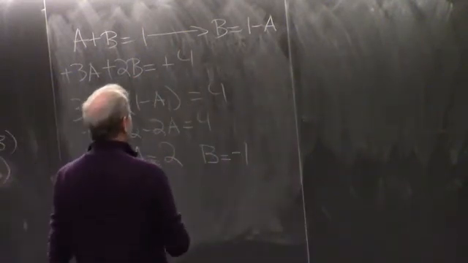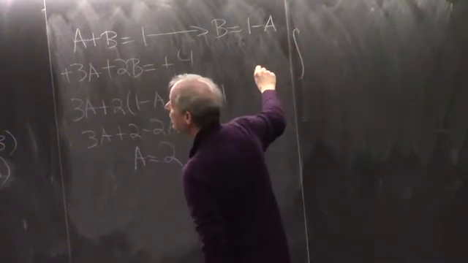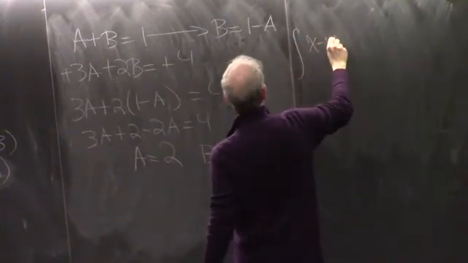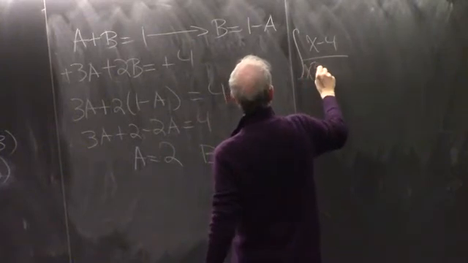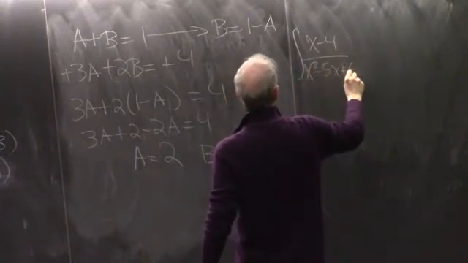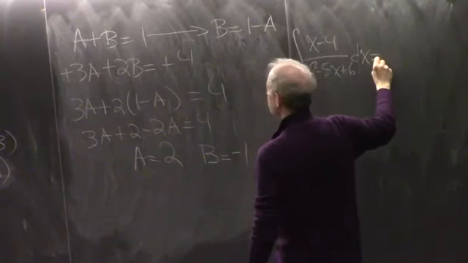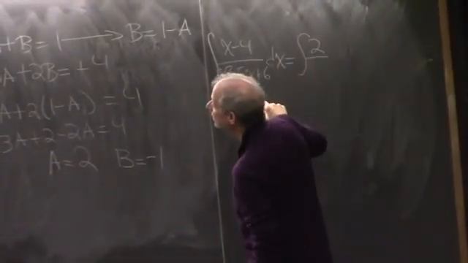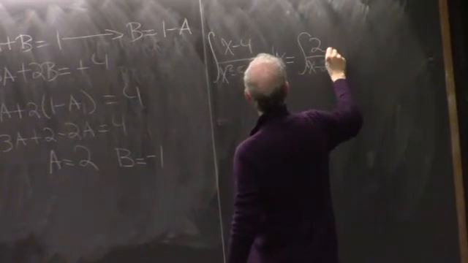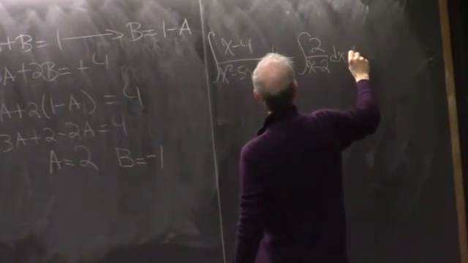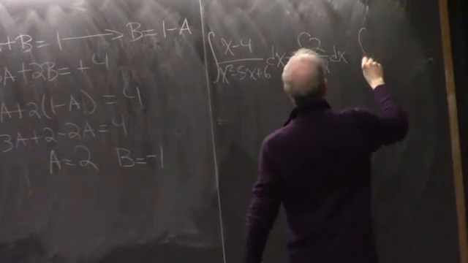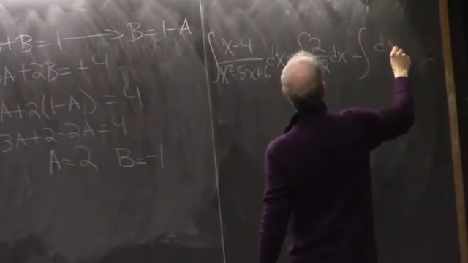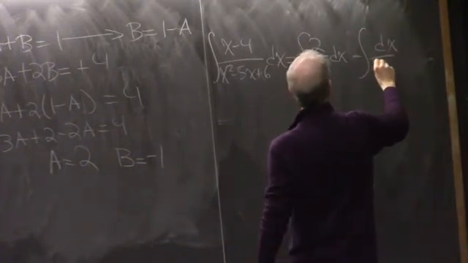Therefore, the integral of x minus 4 over x squared minus 5x plus 6 dx is the integral of 2 over x minus 2 plus or minus the integral of dx over x minus 3.